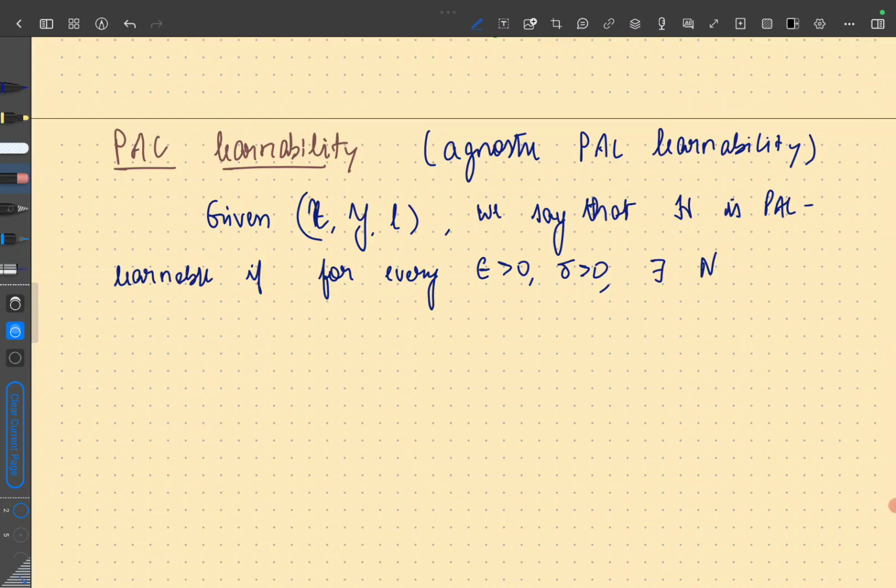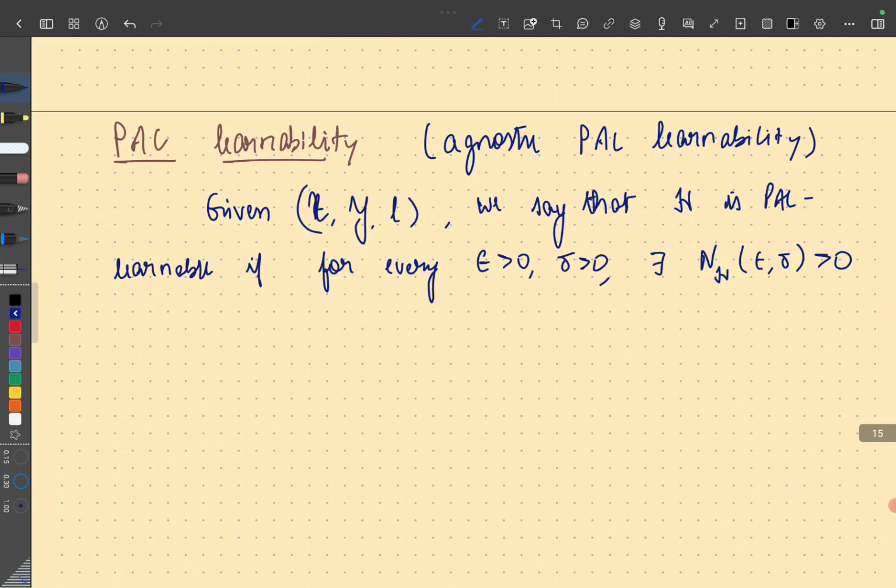Let me use the following notation instead: N subscript H of epsilon, delta, greater than 0, so this n can potentially depend on epsilon and delta.